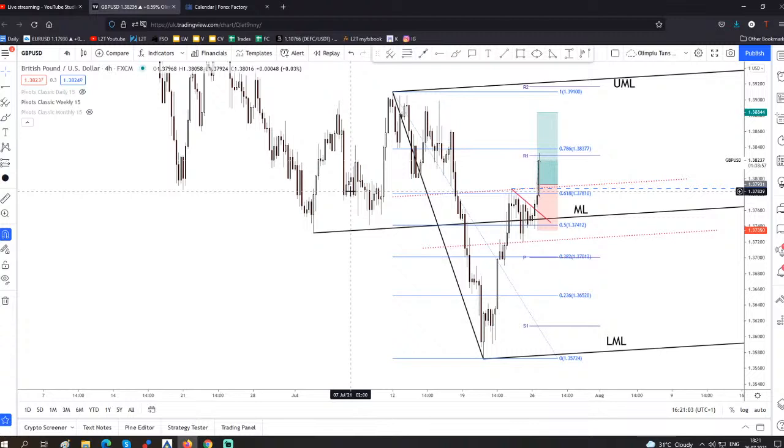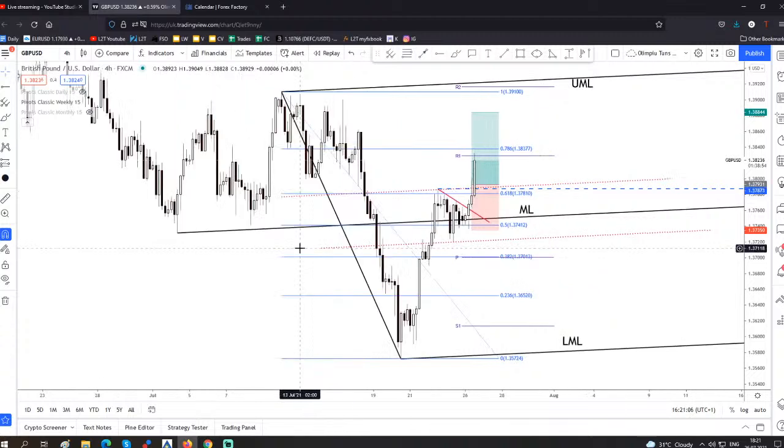But I told you on Friday that personally I believe the price of the British pound versus the US dollar could resume its growth if it stabilizes above the medium line of the ascending pitchfork. So here a drop, its failure to stabilize right below the medium line, below the 50% retracement level, breakout through this immediate and minor downtrend line.